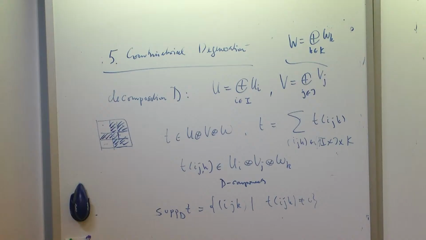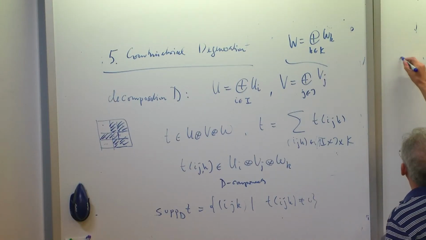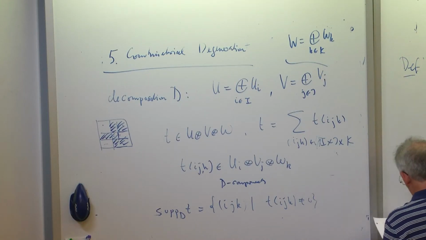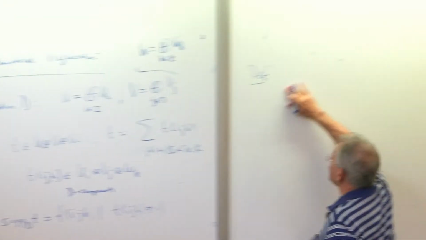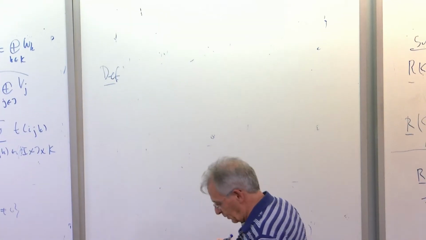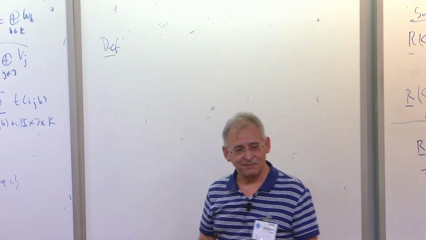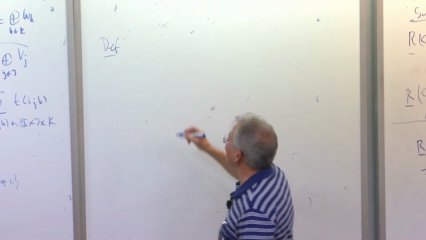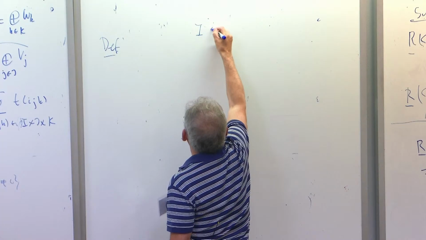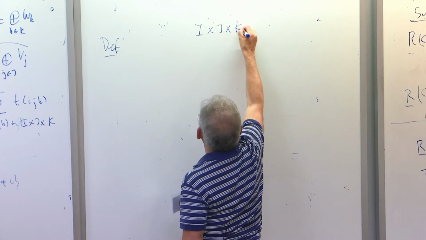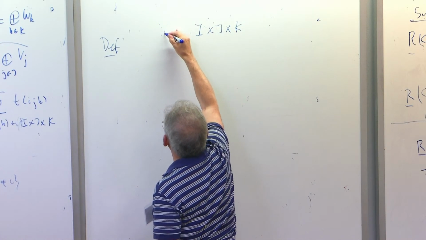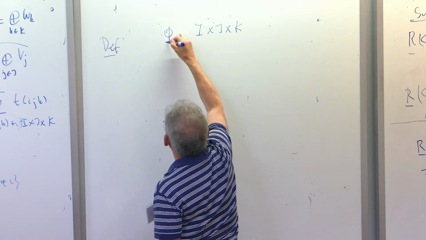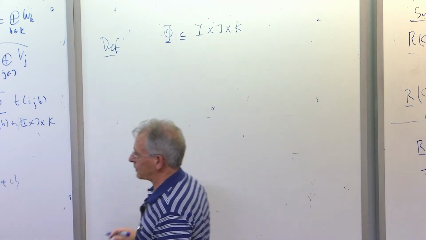Okay, so definition. I define combinatorial degeneration. Now this is actually just combinatorics, but inspired by invariant theory. So I have I times J times K. This is a combinatorial cube. Inside, I assume I have a set phi. Think of phi as the support.